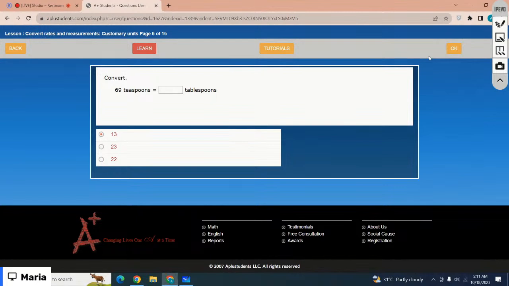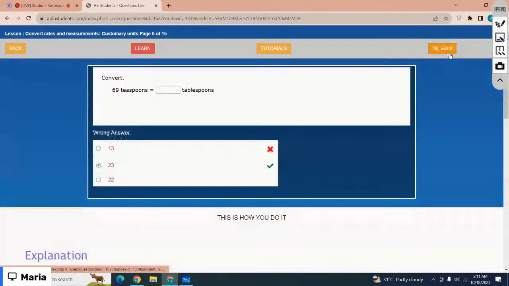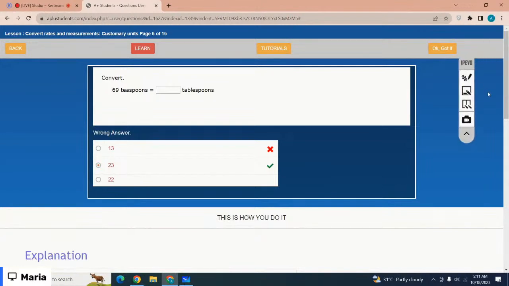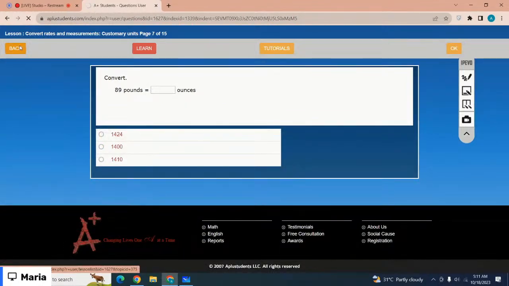When you divide 69 by 3, that would be 23. The correct option is 23. Okay. You can complete the lesson by yourself later today.